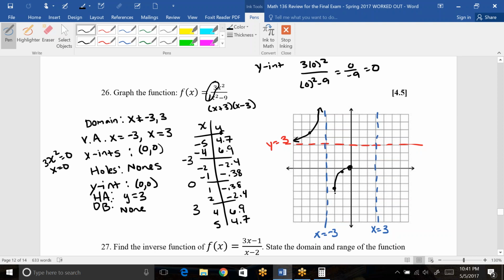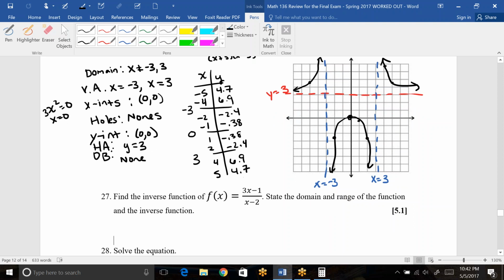So this looks like this is headed down towards this blue asymptote. Then the same thing on the other side. So this is also headed down. And then this is for 6.9 again, and 5, 4.7. So this is in this top region.